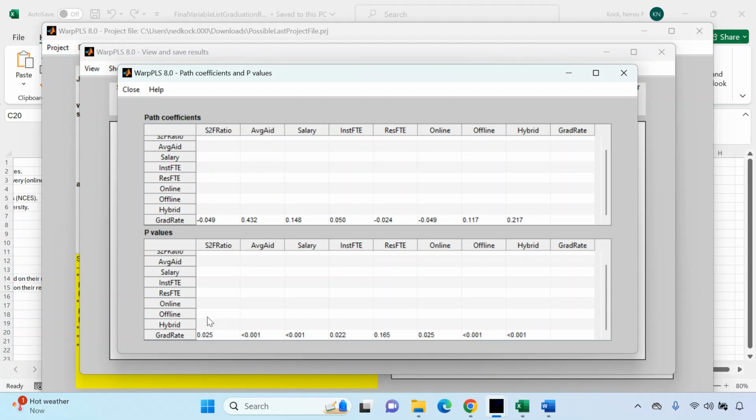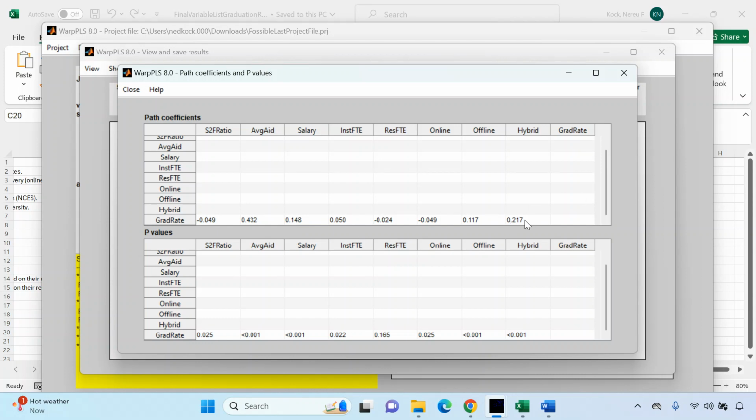It is statistically significant, but is nowhere near, in absolute terms, the level of influence of average salary of staff. That's an important one, but this is quite interesting.